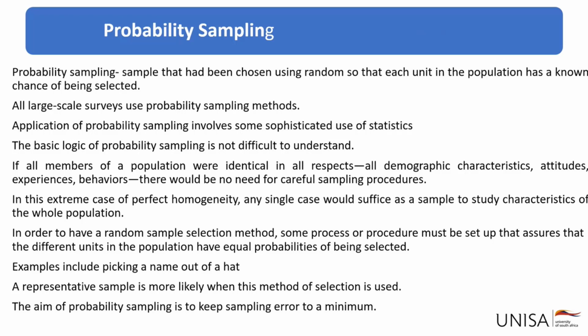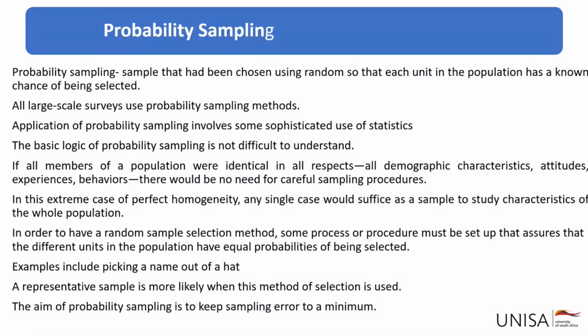So with probability sampling, you can already see that we're talking huge numbers, which means you can start thinking quantitative as opposed to qualitative, because numbers matter. Because remember, the issue here is that you're trying to get representativeness of the research sample.